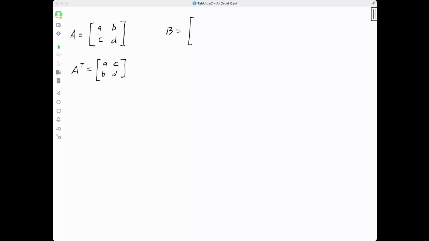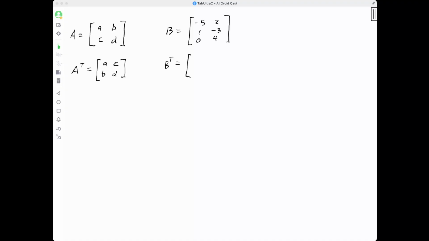If we look at B being -5, 2, 1, -3, 0, 4, then B transpose, well, B was a 2 by 3 matrix. B transpose is going to be a 3 by 2 matrix.